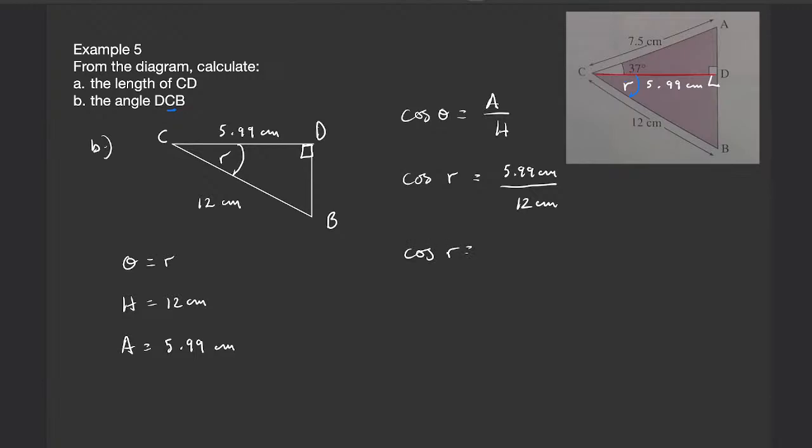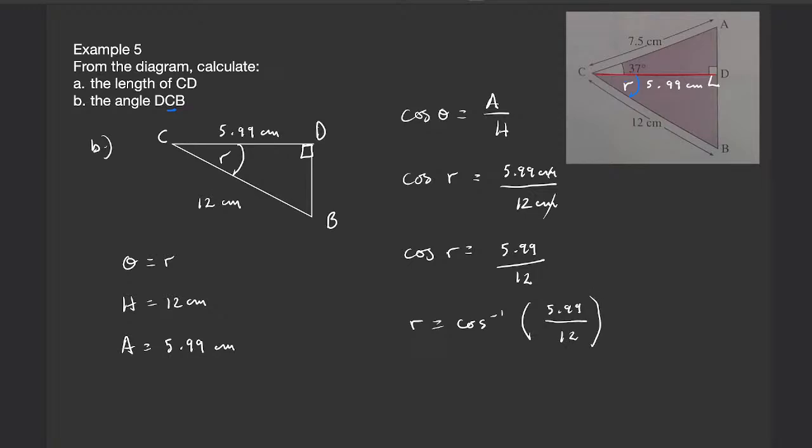Cos R, cm in my numerator, cm in my denominator, 5.99 divided by 12. I want to get R as my subject, so I need to get cos on the other side of the equal sign. Remember, if you're taking any trig function and you put it on the other side of the equal sign, it becomes its inverse. So R is equal to cos inverse 5.99 over 12.